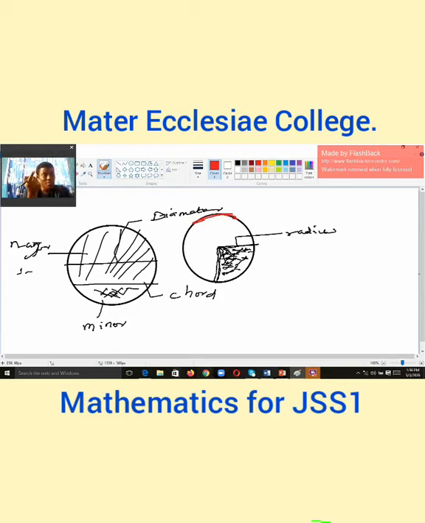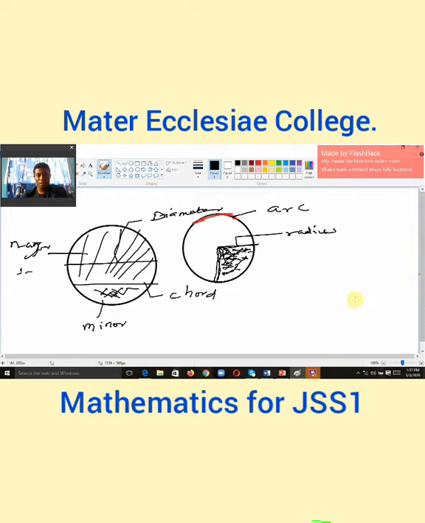So that is what we refer to as an arc. So this is the arc. So I've explained the 7 parts: diameter, radius, segment, sector, arc, chord, and circumference. So that's the 7 parts.